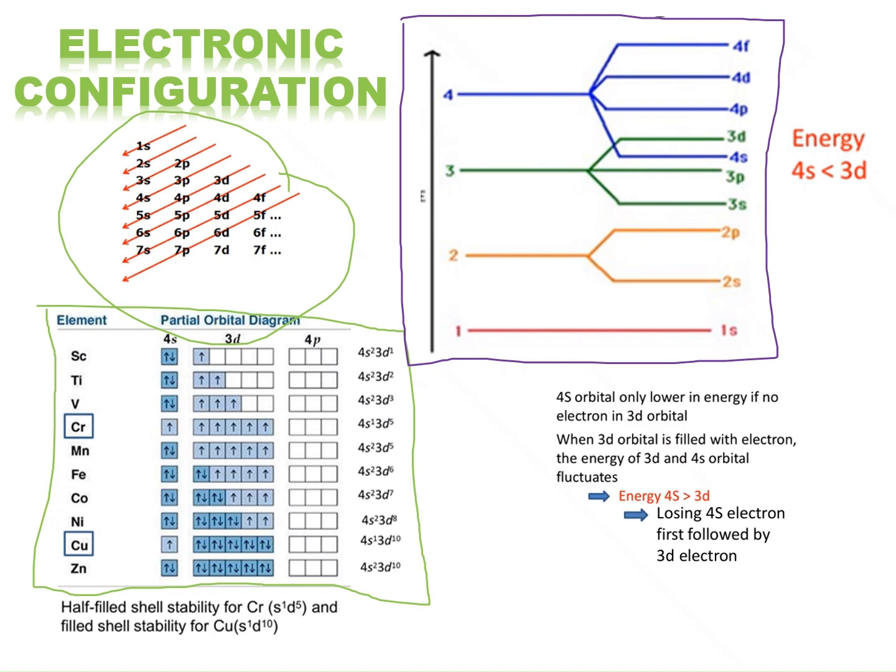That is why, when arranging electrons, we always write the electron arrangement starting from 1s, and then 2s, and then 2p, so this will be 6 electrons, and then 3s, 3p.